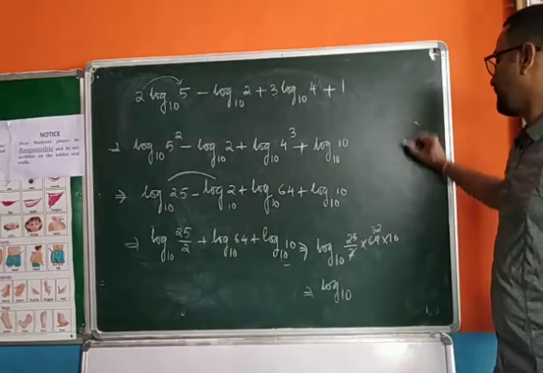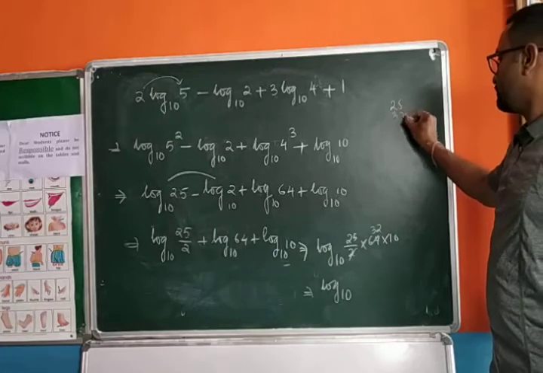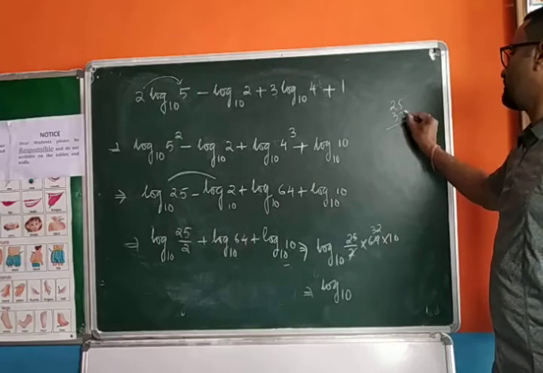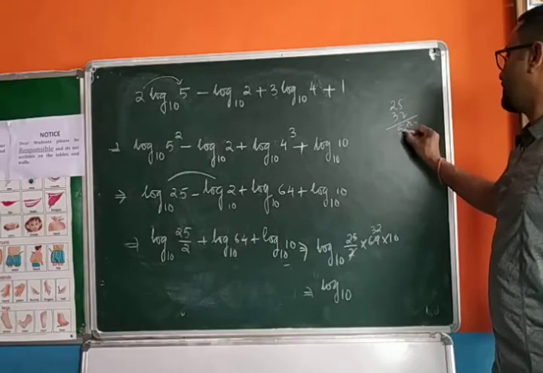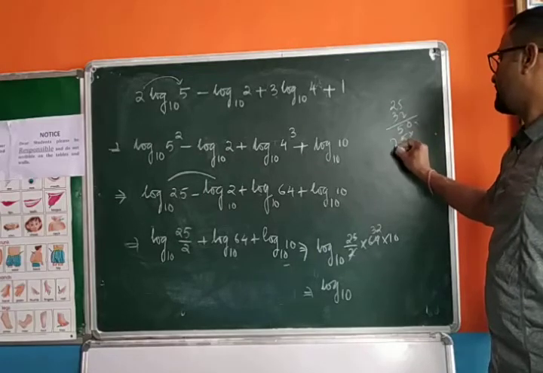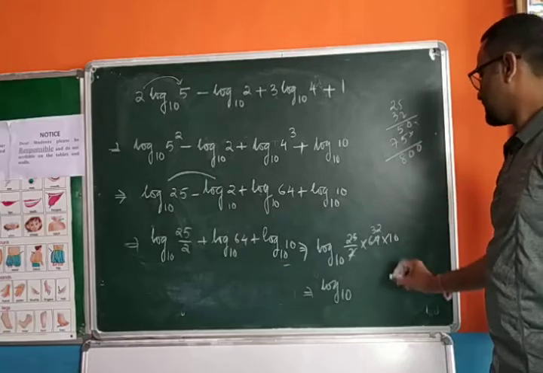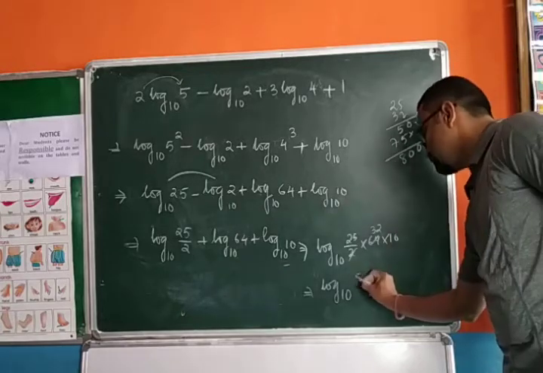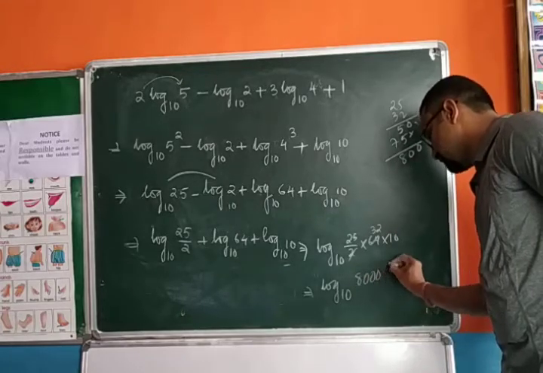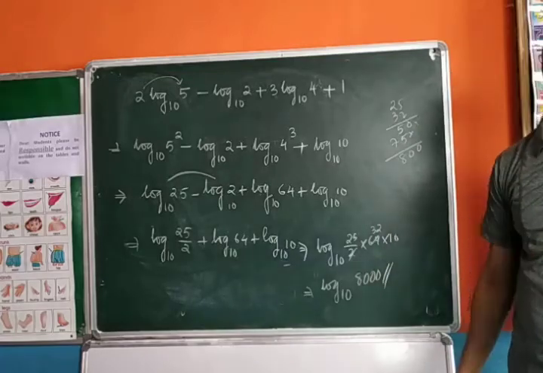Multiply it: 25 into 32 into 10, that is 8,000. This is the single logarithm.